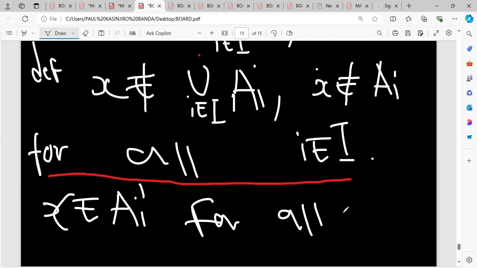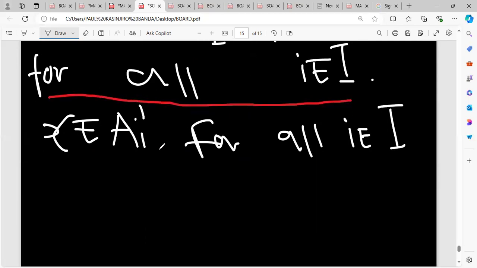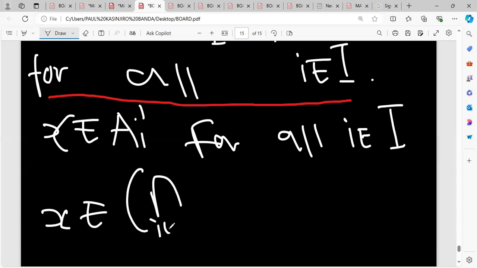And if we have X is a member of the AI complement for all i in I, then we can turn it into the intersection, because the intersection is said for all. So X will just be a member of the intersection of the AI over the indexing set, and then the complement outside there.